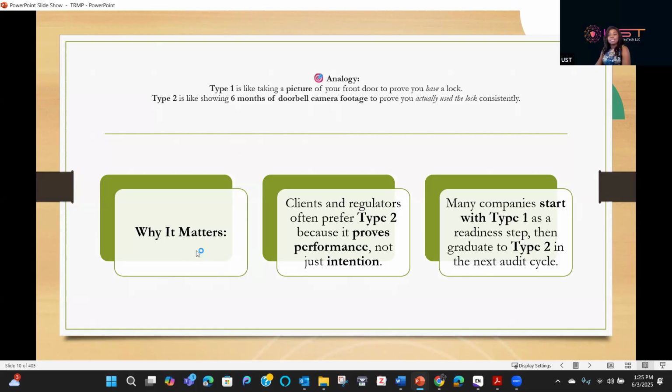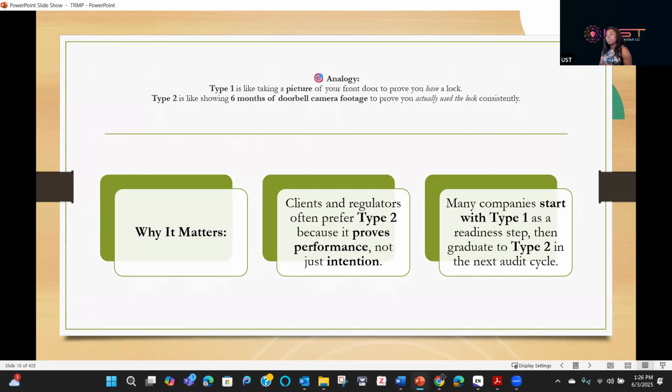But why does it matter? Clients and regulators often prefer Type 2 because it proves performance, not just intentions. That's why you're going to be requesting Type 2 a lot. Many companies start with Type 1 as a readiness step, then move to Type 2 in the next audit cycle.